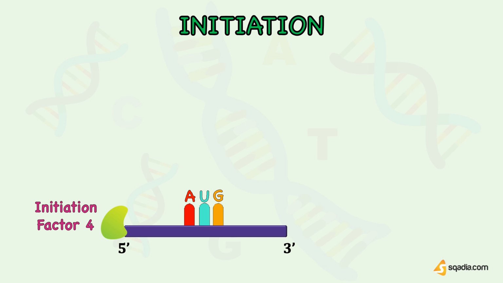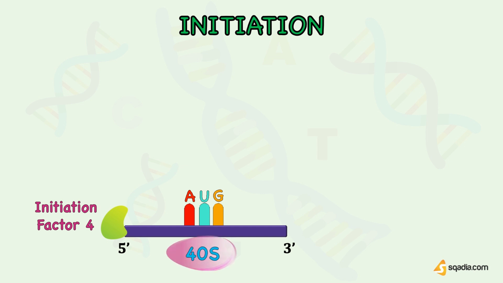Do you remember what AUG codes? It is methionine. Okay, so this is the triplet sequence. Now what happens to it is that there will be an attachment of eukaryotic initiation factor 4 at the 5' end of messenger RNA.